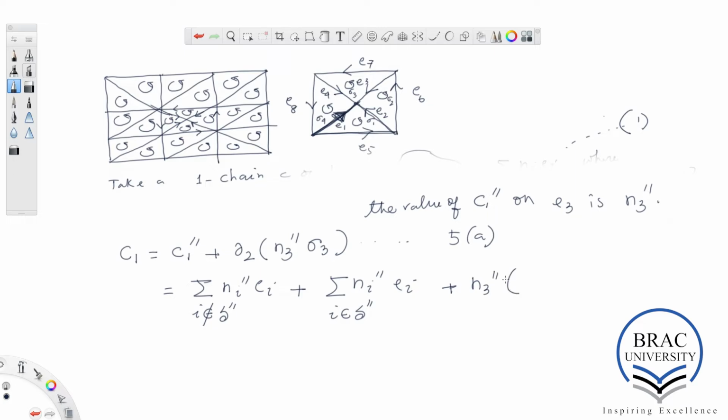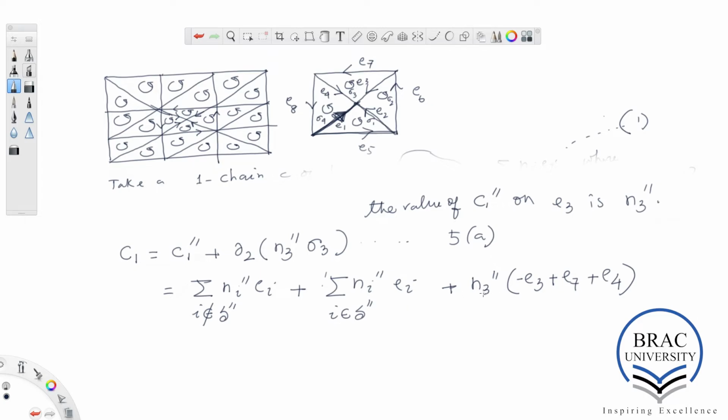Now we apply the boundary operator on this elementary 2 chain sigma 3 here to obtain minus E3 plus E7 plus E4. Okay, so there is an N3 double prime E3 here in this sum.